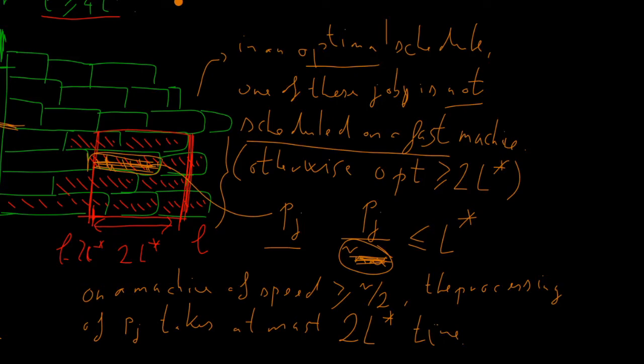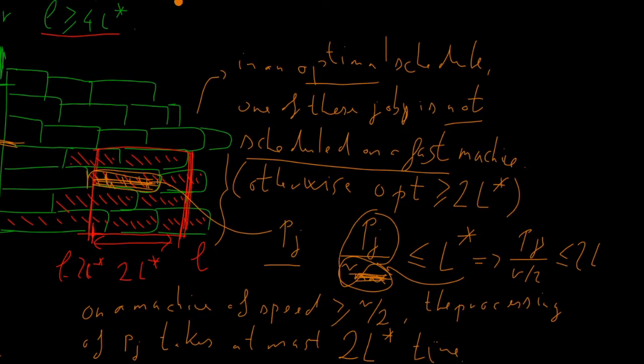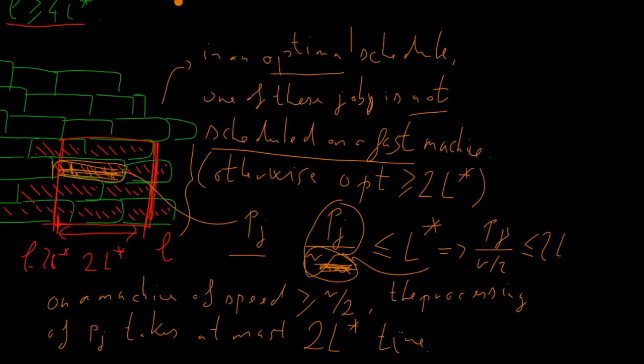Since pj divided by v is at most L star, because we schedule the job pj in an optimal setting to a machine having speed at most v, this means that on that machine the load is at most L star. So pj divided by v half is at most 2L star, right? I'm just multiplying by 2 both sides. Actually, I'm multiplying the fraction by 2 by halving its denominator, which is fine.